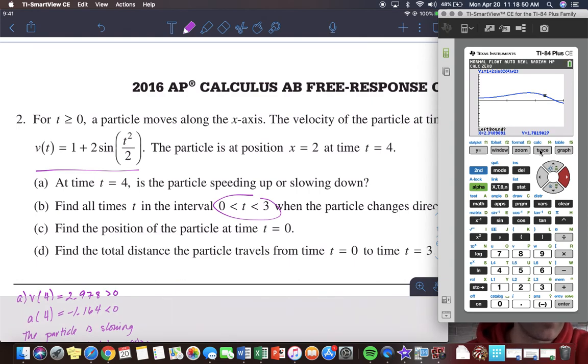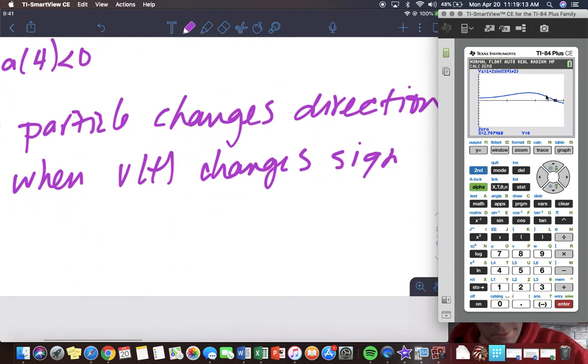So I'm on the left side of the 0, so I press enter. And then I want to go on the right side of the 0. As long as I'm beneath the x-axis, I'm good. So I'm on the right side, I press enter. For my guess, it doesn't matter. I just press enter, and I get 2.707. So at t equals 2.707, the particle changes direction.